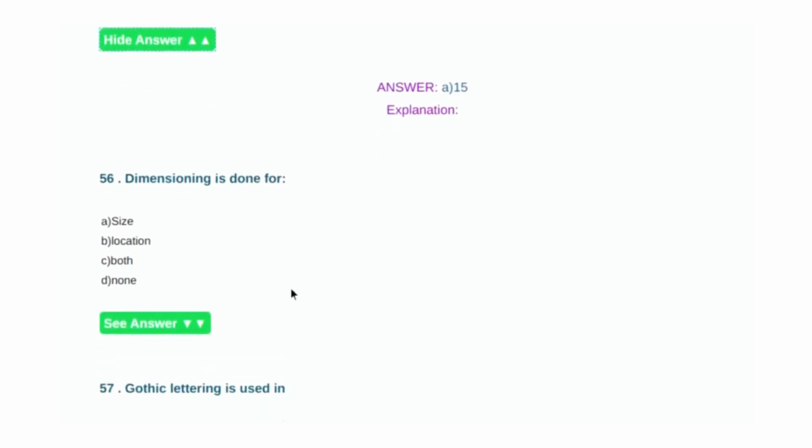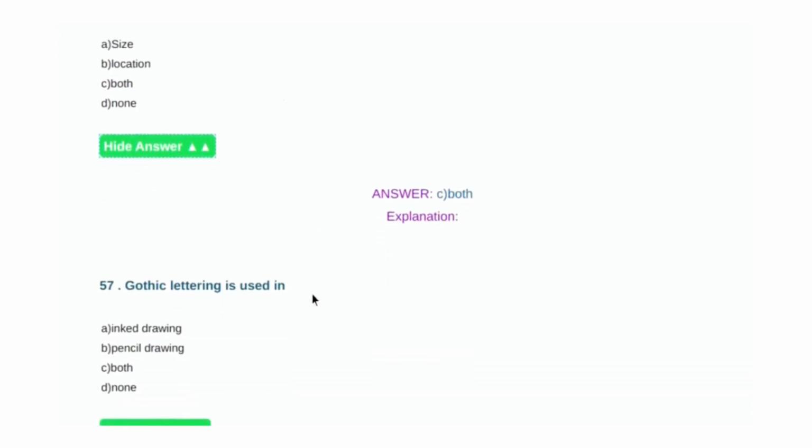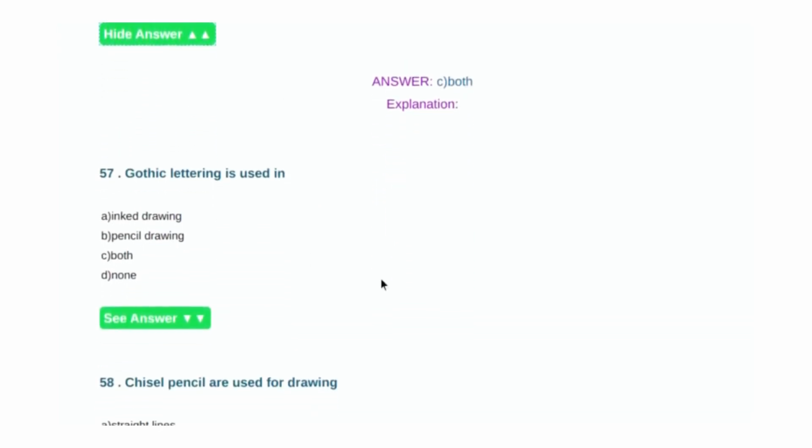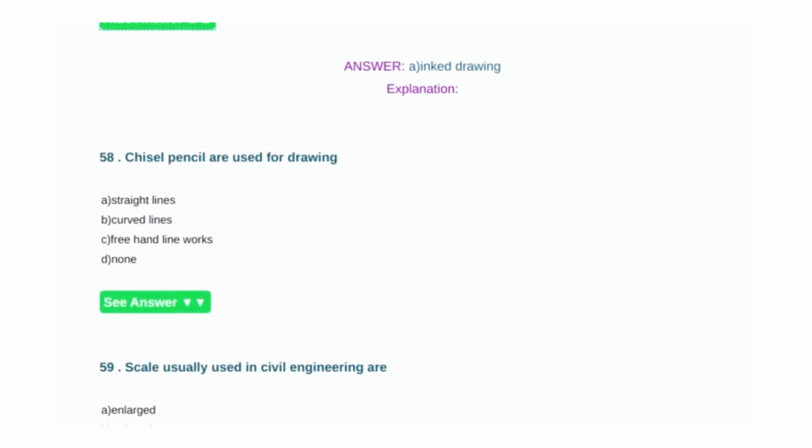Dimension is drawn for size and location both. Gothic lettering is used in inked drawing, pencil drawing, both. Both. Chisel pencils are used for drawing straight lines.